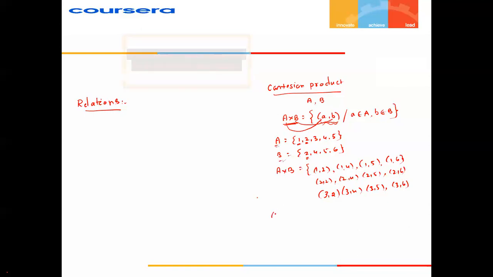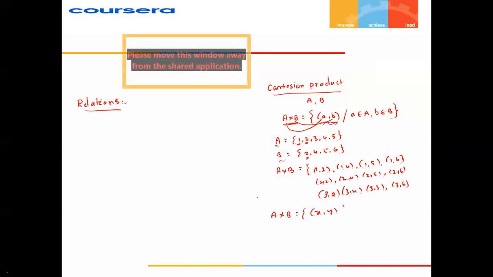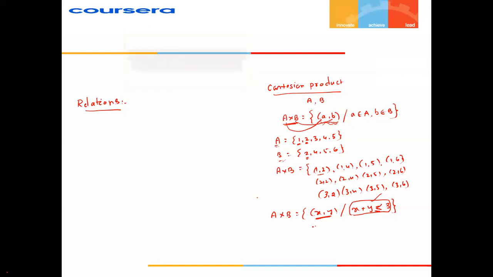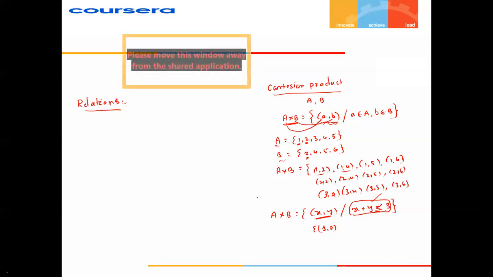But here, if we define something like A cross B, where x comma y such that x plus y is less than or equal to 3, it means from this Cartesian product we want the pairs that satisfy some relation, that is x plus y at most 3. So we take 1 plus 2, that is 3, so 1, 2 comes. 1, 4 is 5, and 1, 5 is 6. That is greater than 3, so it won't come.